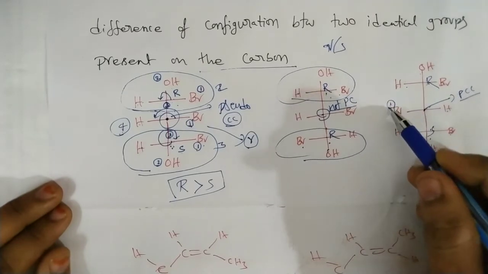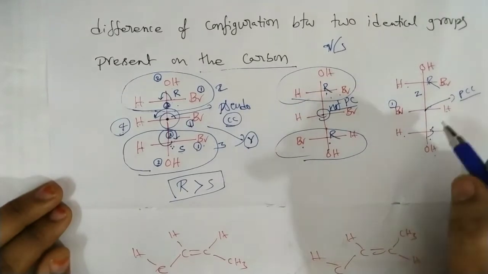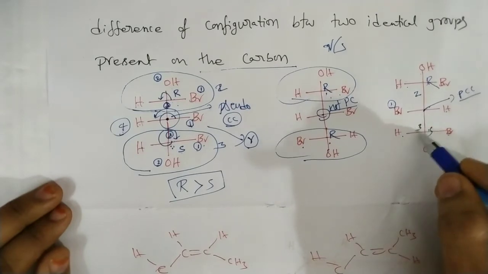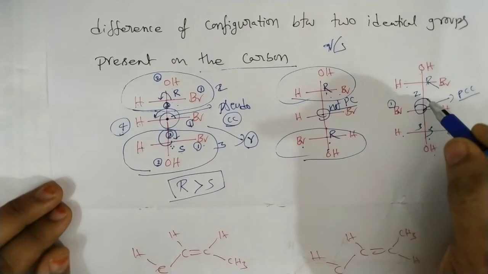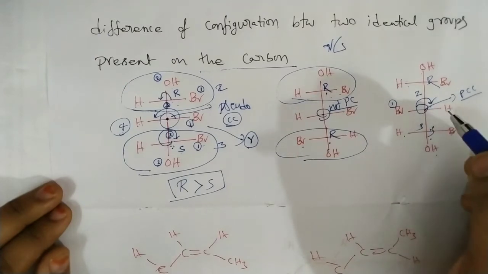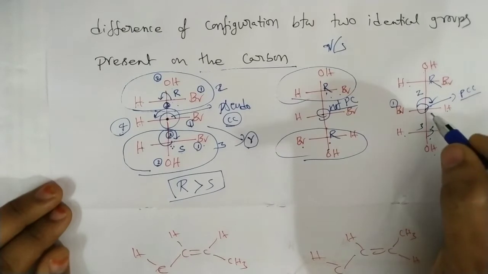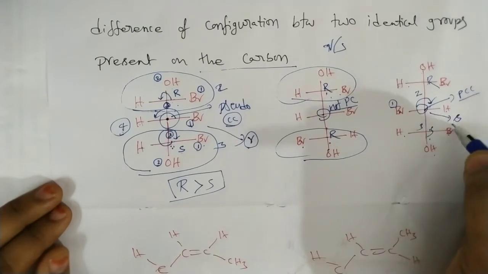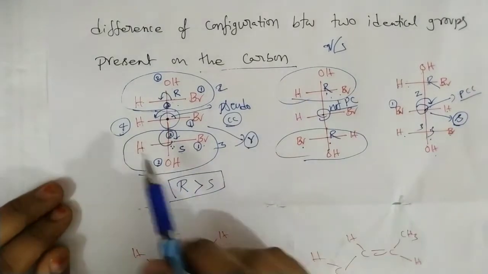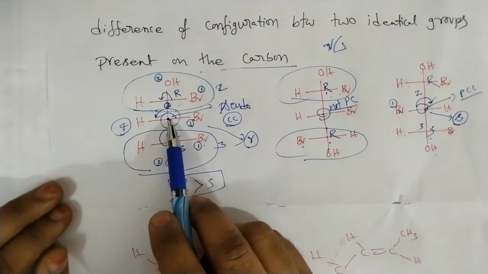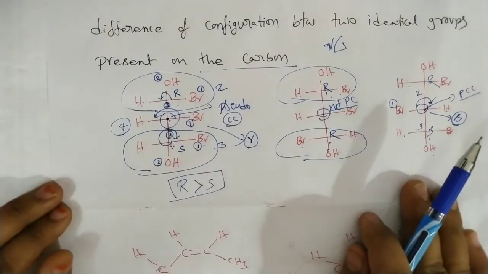Bromine is the first priority, the R group second priority, and the alkyl group with S configuration third priority. That means 1, 2, 3 is clockwise, but we have to take the reverse because the hydrogen, the least priority group, is on the horizontal line, so its configuration is small s.